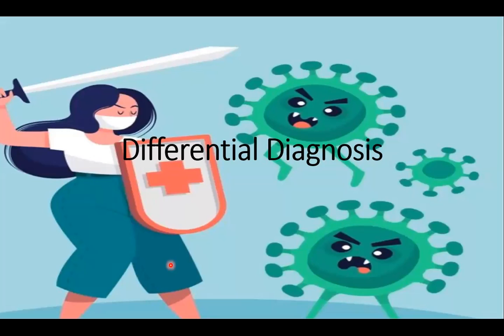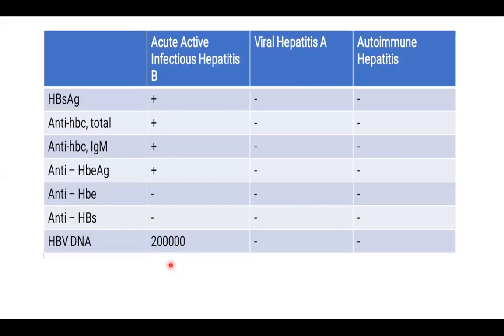So next we go to our differential diagnosis. The differential diagnoses are viral hepatitis A and autoimmune hepatitis. Basing on our salient features for the diagnosis of acute active infectious hepatitis B, we have the hepatitis B surface antigen, which is positive in acute active infectious hepatitis B and negative for both viral hepatitis A and autoimmune hepatitis.